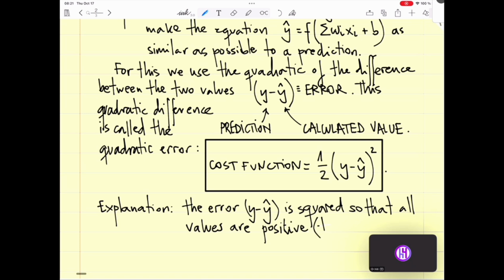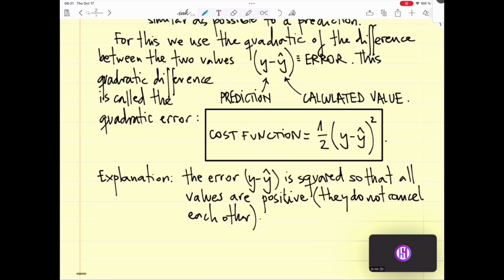They don't cancel each other. Okay. We divide it by 2.